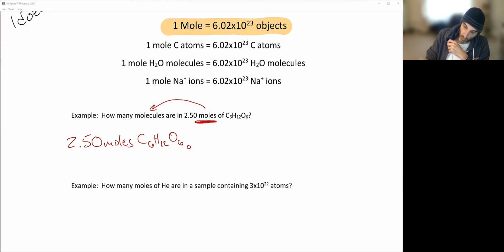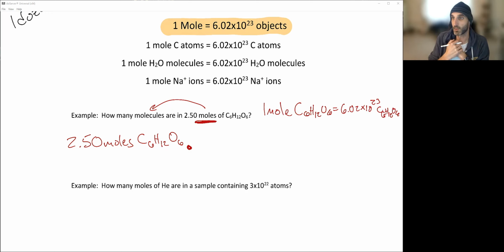So we're going to use moles because we do know that 1 mole of C6H12O6 is equal to 6.02 times 10 to the 23rd C6H12O6 molecules. Okay, so we can set that up as a conversion factor.